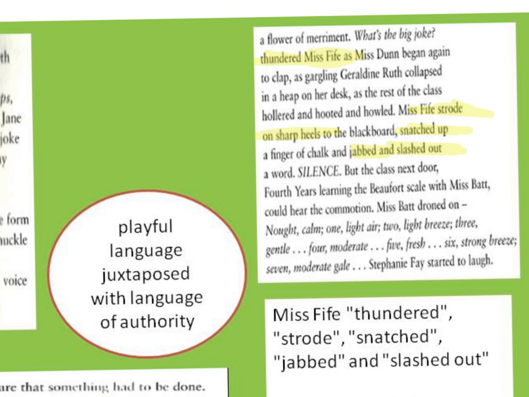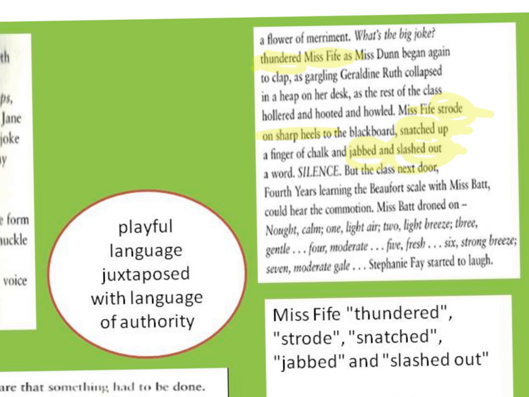She thundered, she strode, she snatched, quite violent and aggressive. She jabbed here with the chalk and slashed out a word of silence on the board. So there's that oppressive and forceful sense of authority.